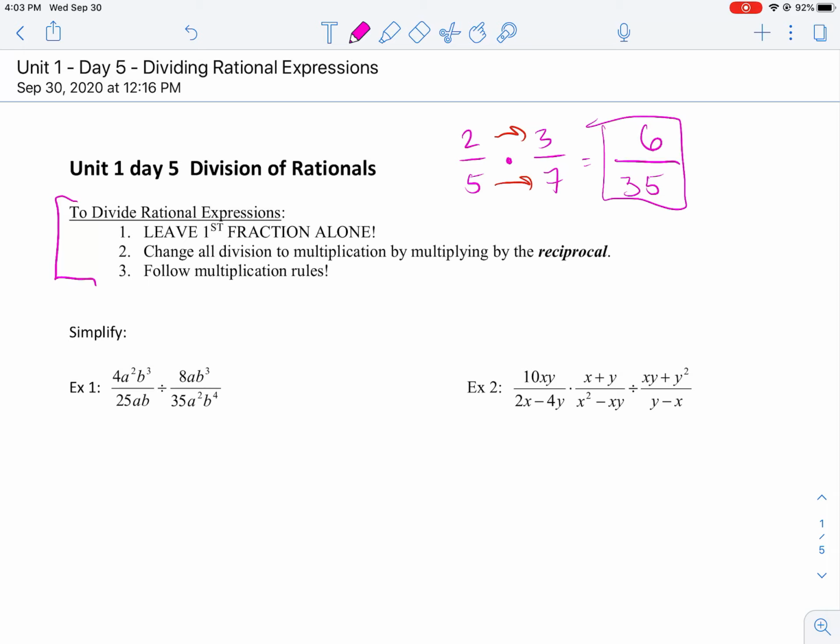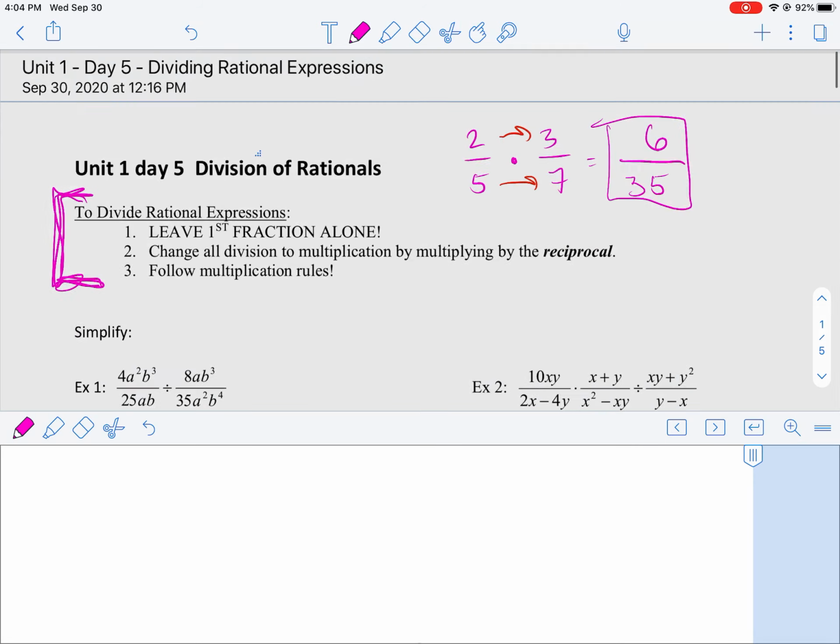Okay, now, when dividing fractions, you can follow these instructions here if you'd like, but I like to refer to dividing fractions as KFC. All right, finger licking good. What do I mean by that?